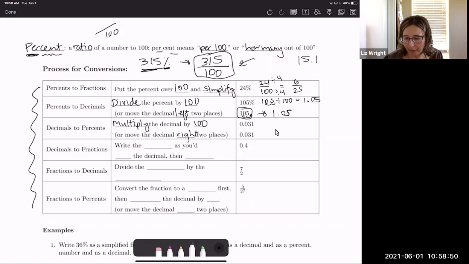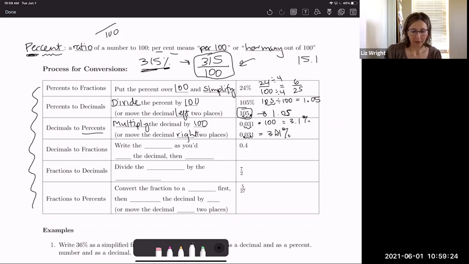So here, if I'm multiplying by 100, that's going to move my decimal 2 places to the right, which is going to give me 3.1. Or you can just go with the decimals. You don't have to write the times 100. You can just go 1, 2, and that's going to give you 3.1 for that. Oh, I'm forgetting my label. Sorry, decimals to percents. So don't forget to put your label on there. That's a percentage now. You're going to put your label on that one too.